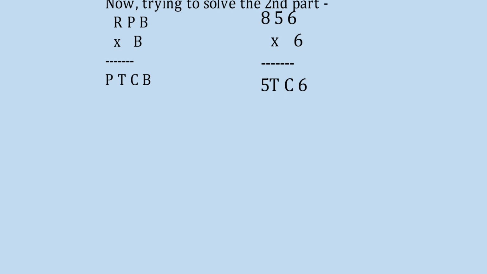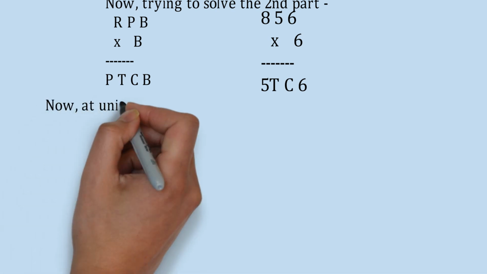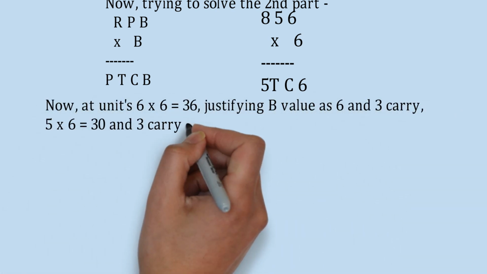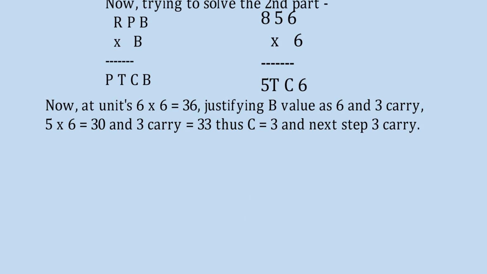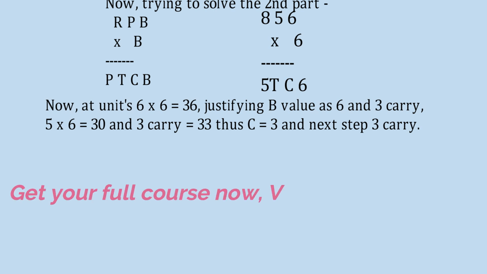Now at the units place we have 6, 6 and 6. So when 6 is multiplied by 6, we get 36 with a carry of 3. It means C is equal to 3, because 6 into 5 at the second step gives 30. So 0 comes at the units place, and there was a carry of 3 already from the first digit.